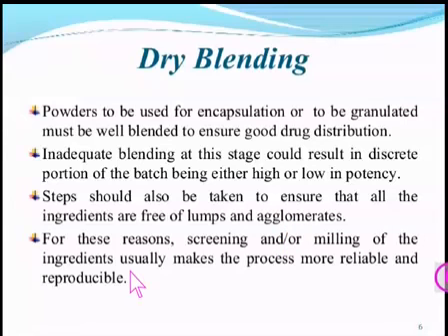Screening or milling of the ingredients usually makes the process more reliable and reproducible. This point is not focused on when the formula is being developed at laboratory scale, but when we take that formula for development in the pilot plant, these points become clear, and we observe the lumps and agglomerates.